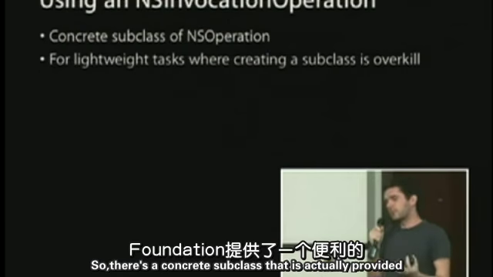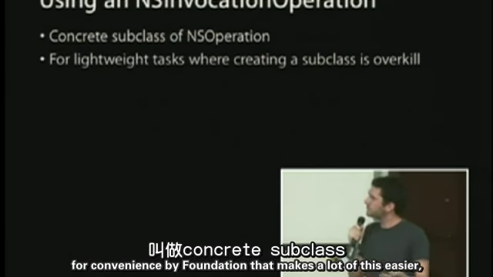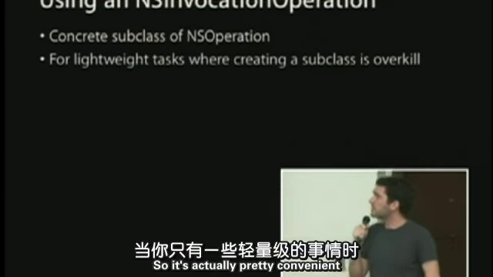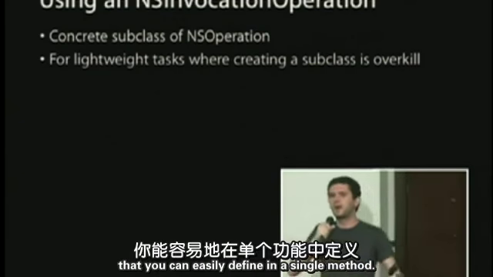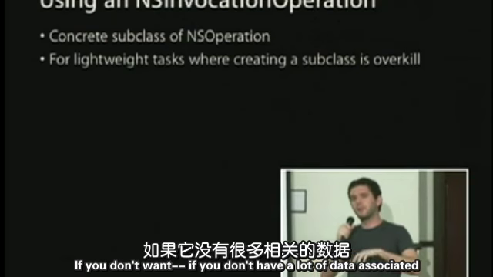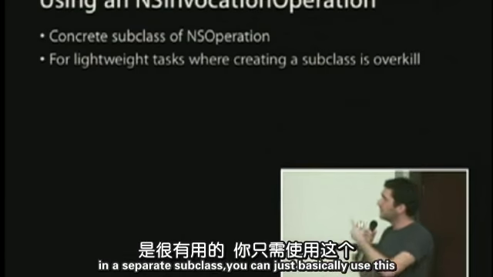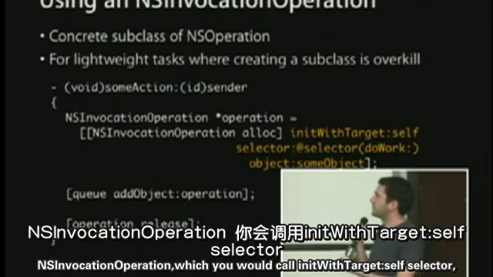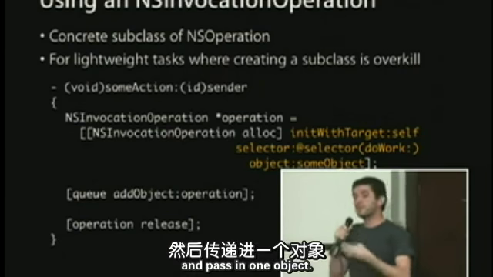So there's a concrete subclass that is actually provided for convenience by Foundation that makes a lot of this easier, so you don't have to go about subclassing all the time. And that's NSInvocationOperation. It's pretty convenient for when you have just lightweight things that you can easily define in a single method. If you don't have a lot of data associated with it that would be useful to encapsulate in a separate subclass, you can just use this NSInvocationOperation, which you would call init with target, self, selector, whatever the selector for doing your work would be, and pass in one object.